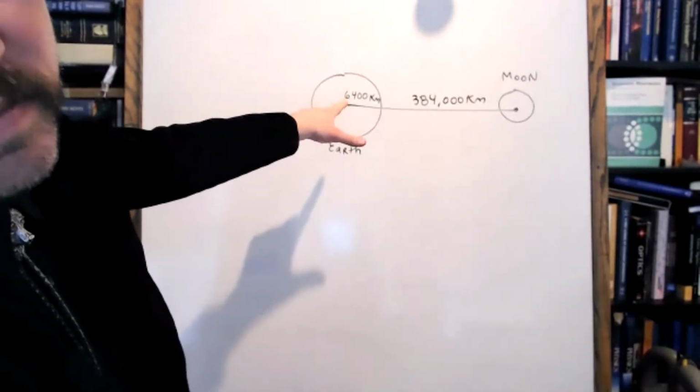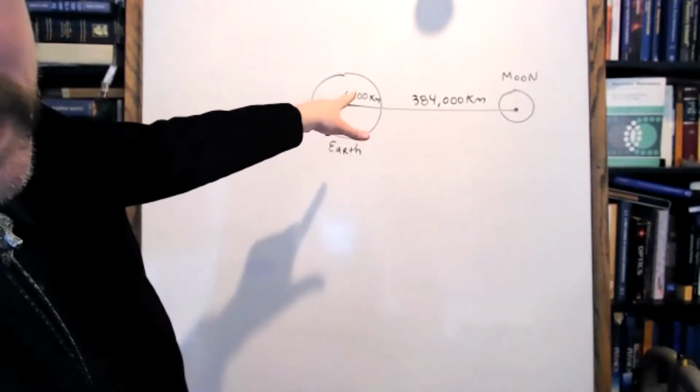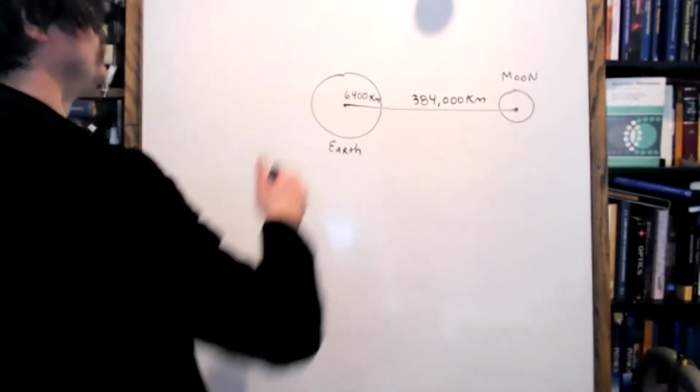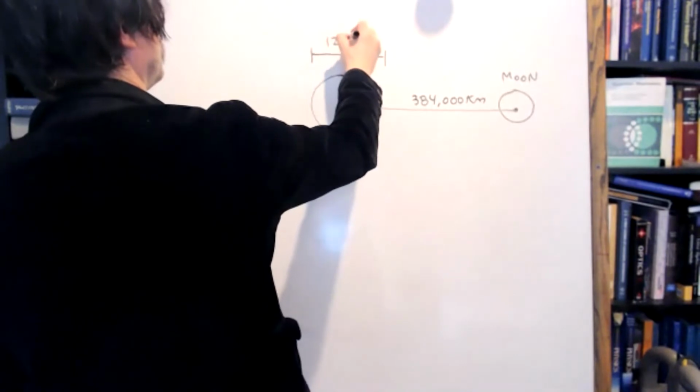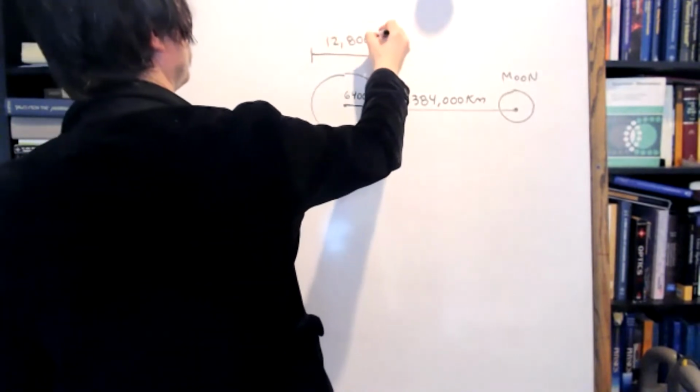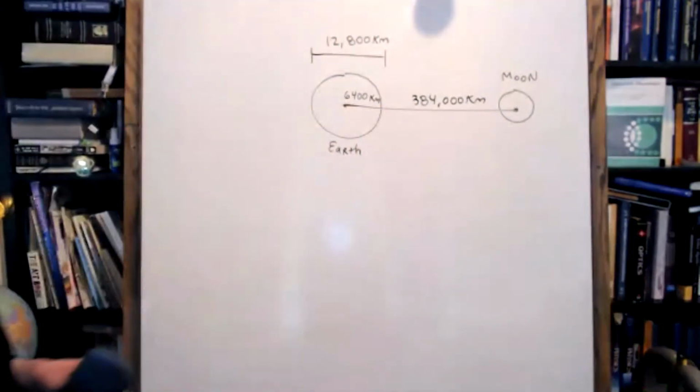6 times 2 is 12. 4 times 2 is 8. And that means the entire diameter of Earth is 12,800 kilometers.